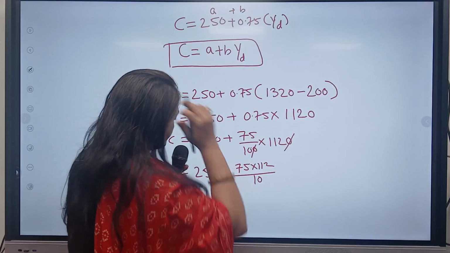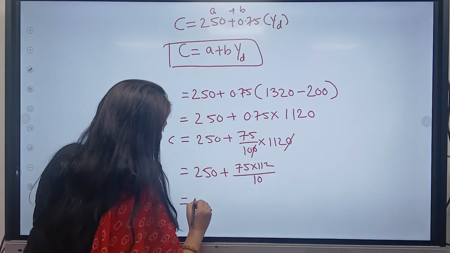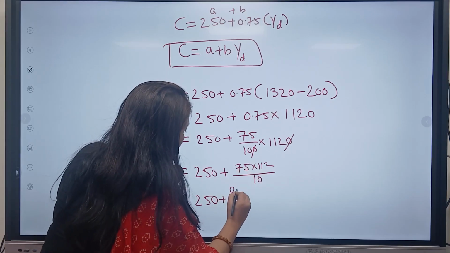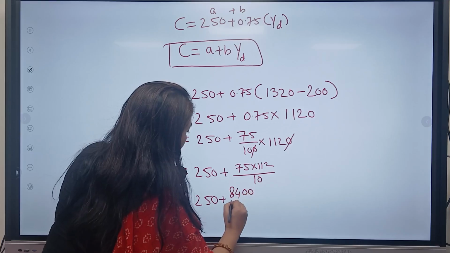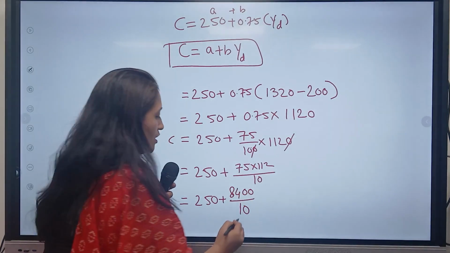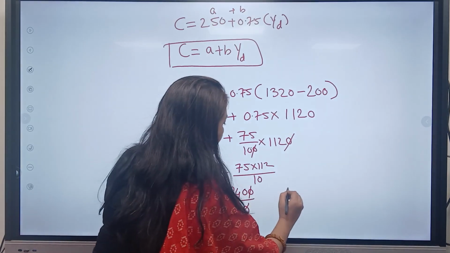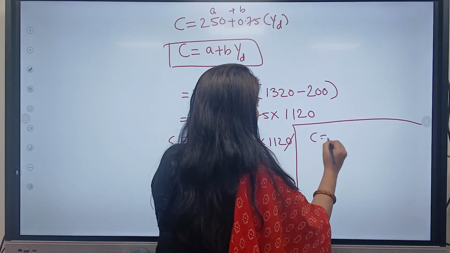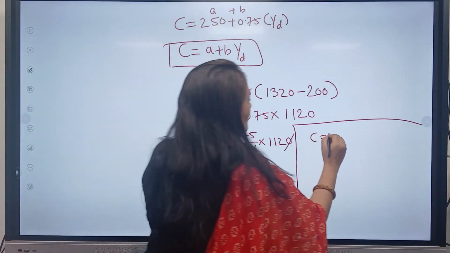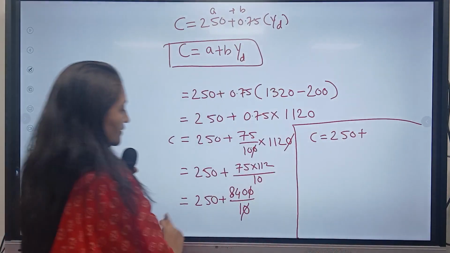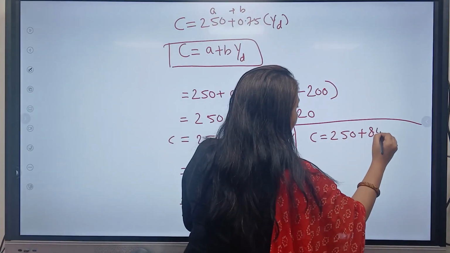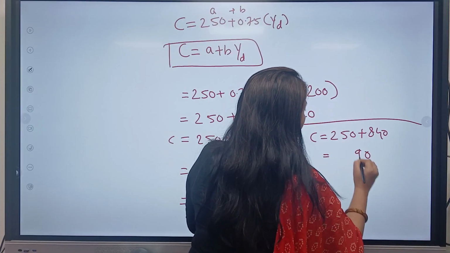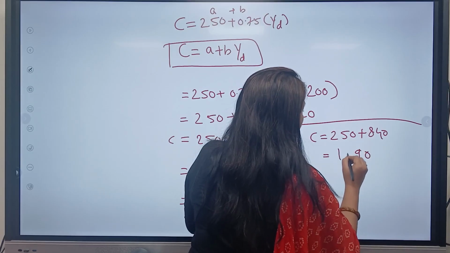So 75 into 112 is 8,400 upon 10. Just cancel out 0, 0. So we get here C is equal to 250 plus 840. So the answer is 0 plus 0 is 0, 5 plus 4 is 9, 2 plus 8 is 10, so 1090.